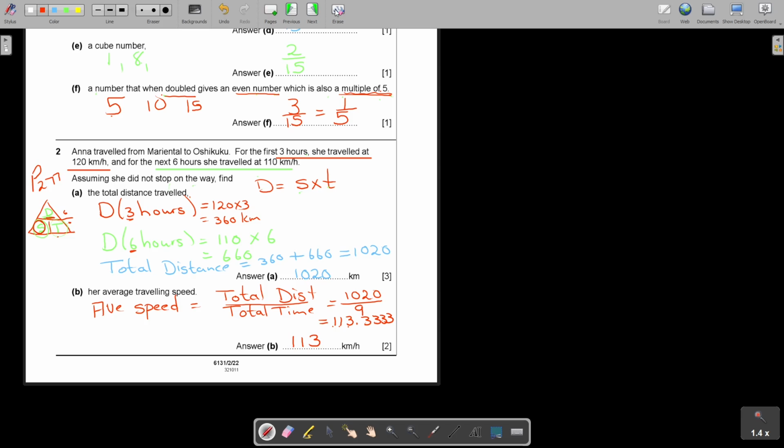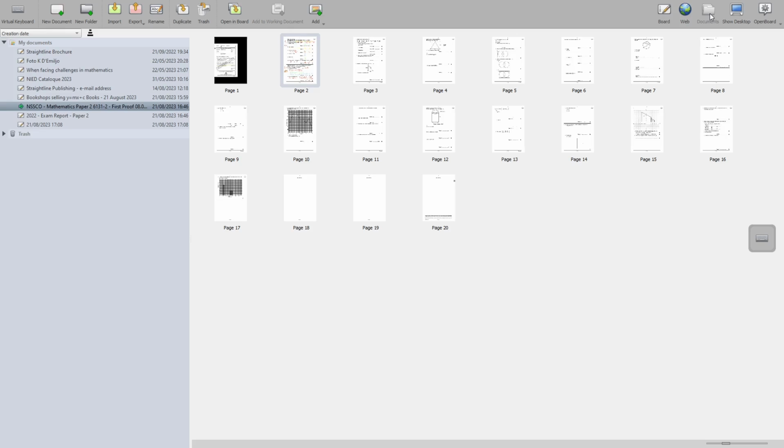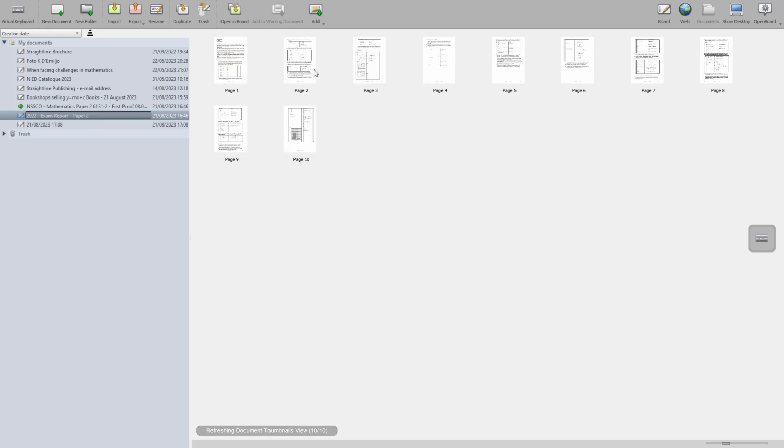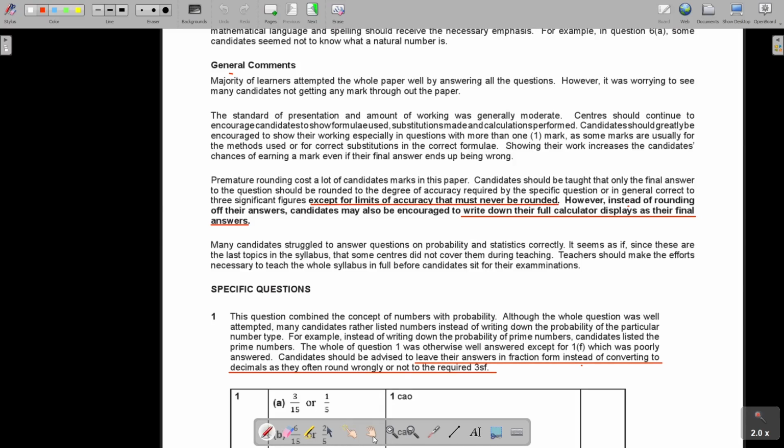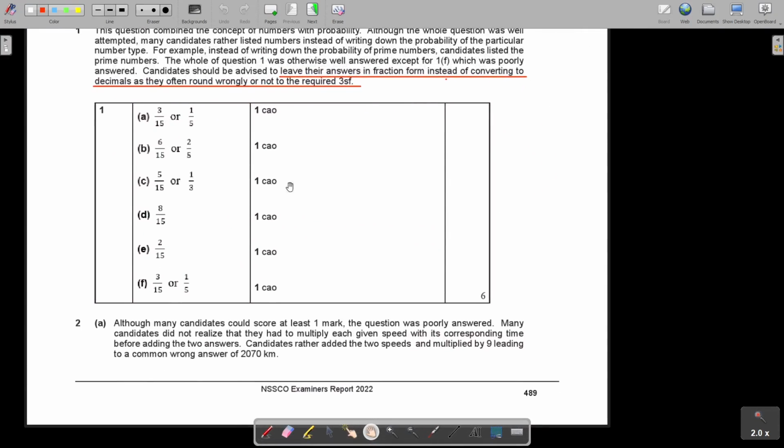I'm going to again take you to the report every time, and I just want to show you what the report is telling us. Okay, here comes question 2. They said, although many candidates could score at least one mark, the question was poorly answered.